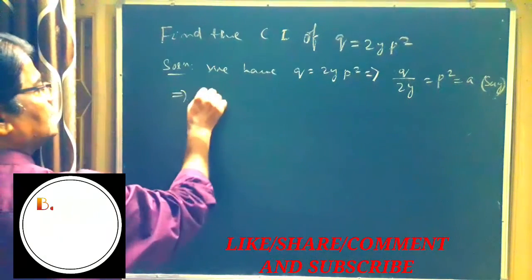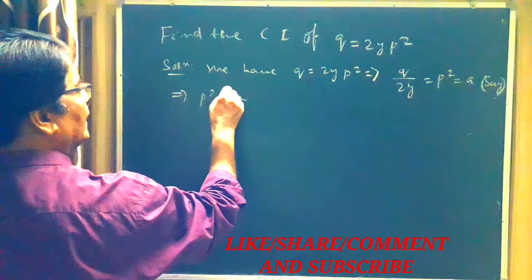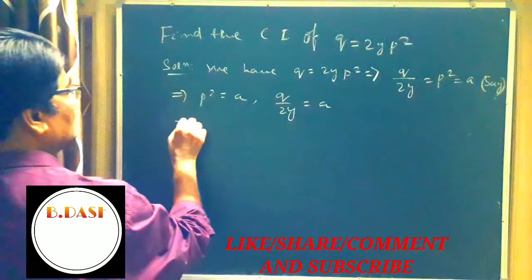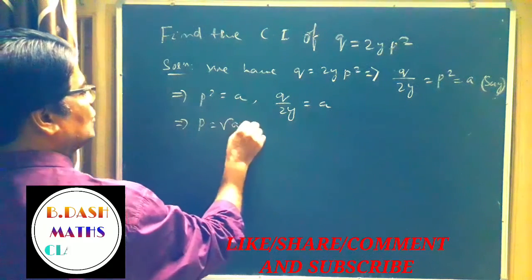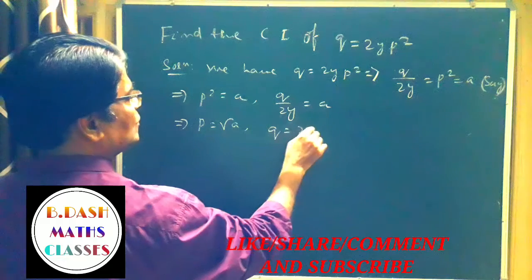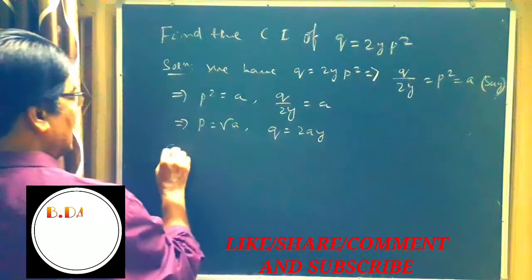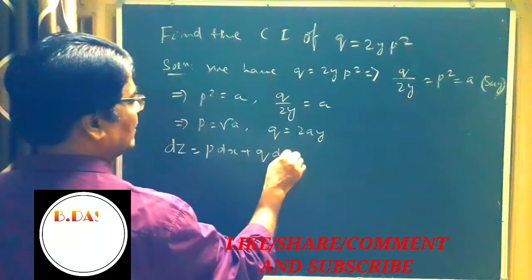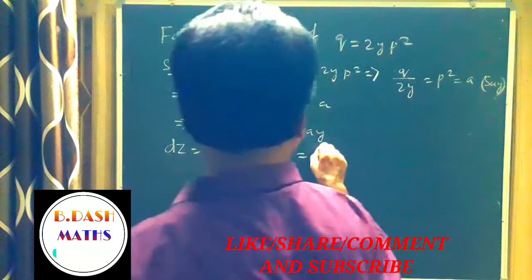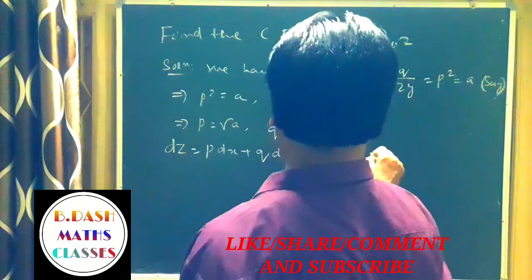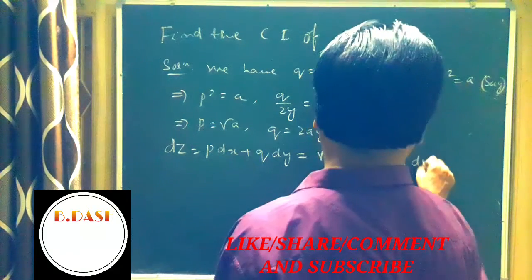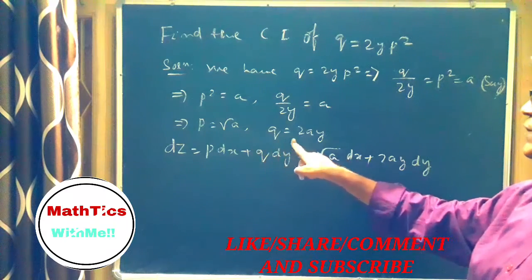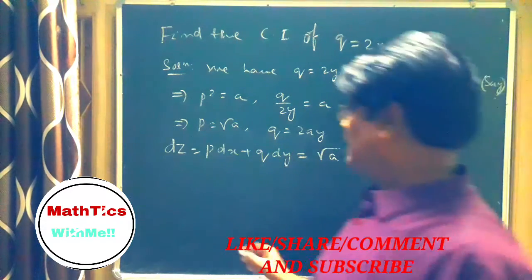This implies p square is equal to a, q by 2y is equal to a. So this gives us p is equal to root a, q is equal to 2ay, and we know dz is equal to p dx plus q dy. Now substituting the values of p as root a and q as 2ay, dz is equal to root a dx plus 2ay dy.